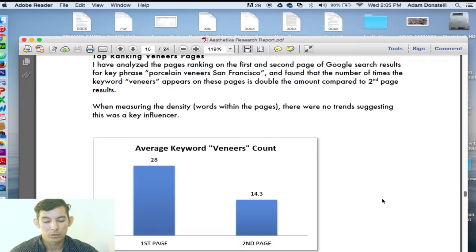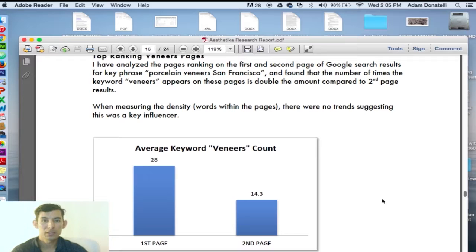This chart shows that people on the first page had the keyword veneers on average 28 times. The second page performers used that keyword an average of 14 times within the page. That's nearly half. Now, I'm not saying that we need to do some keyword stuffing here.